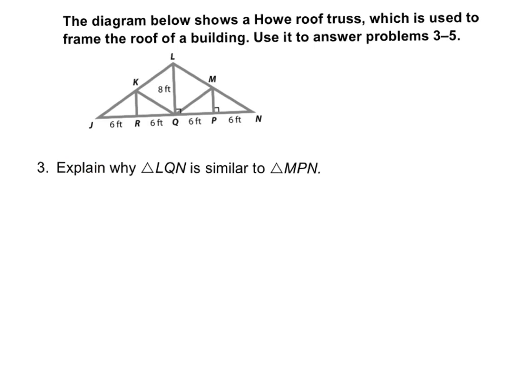This question doesn't have angle measurements in it, but it says explain why triangle LQN is similar to triangle MPN. So I'm going to use 2 different colors, and I'm going to trace over the 2 triangles we're looking at. So LQN, I'm going to trace that entire triangle.